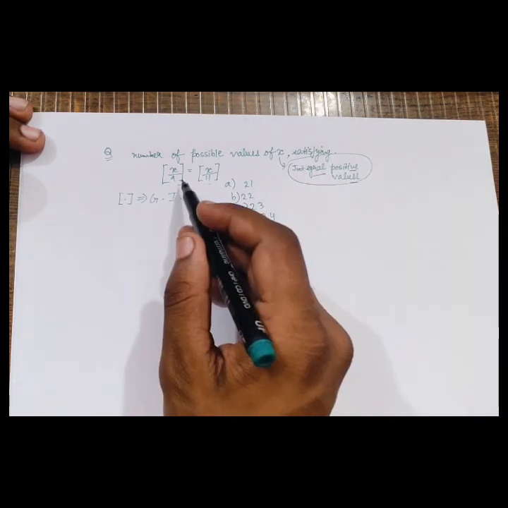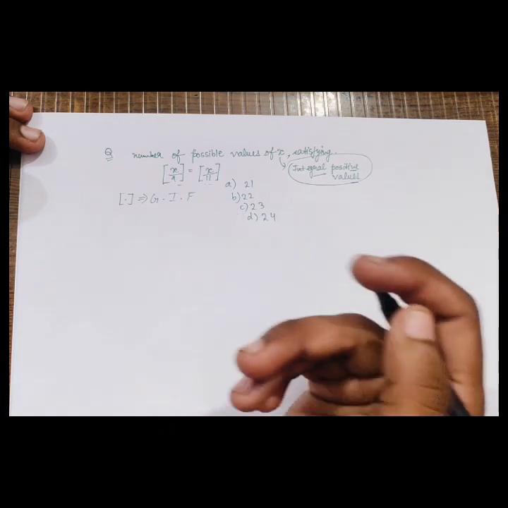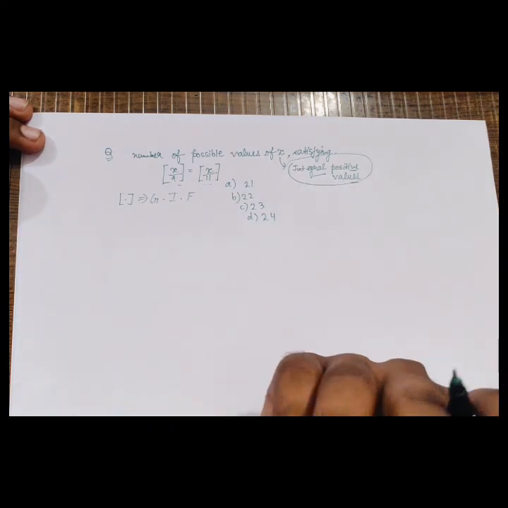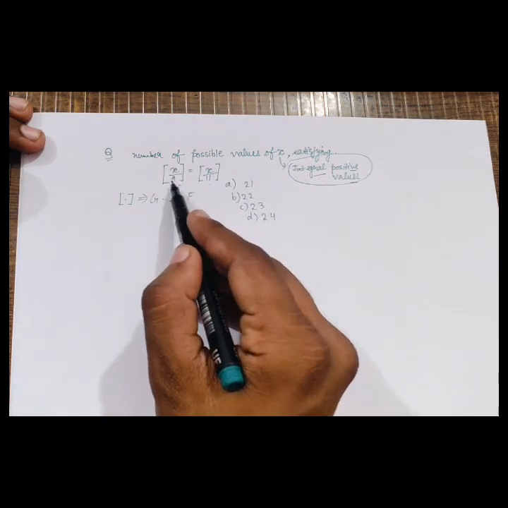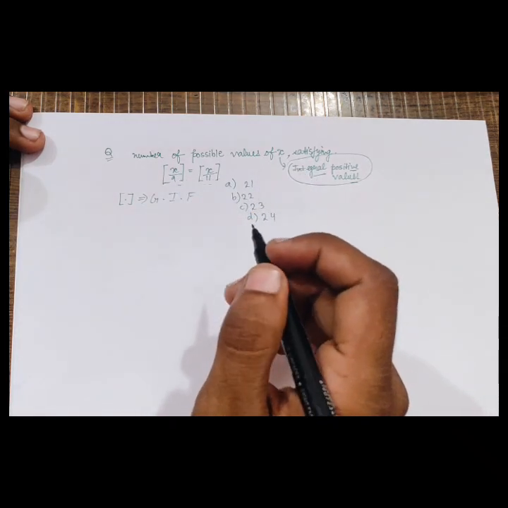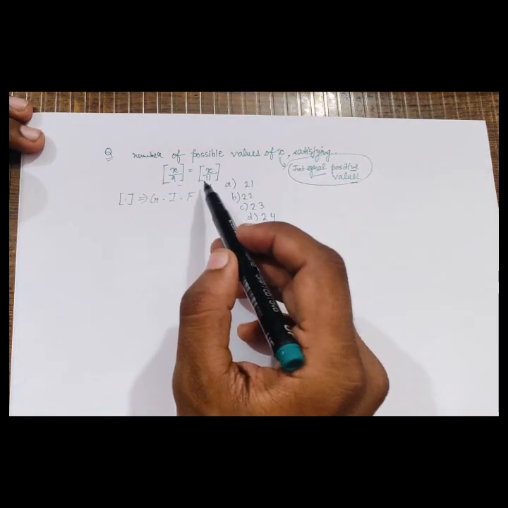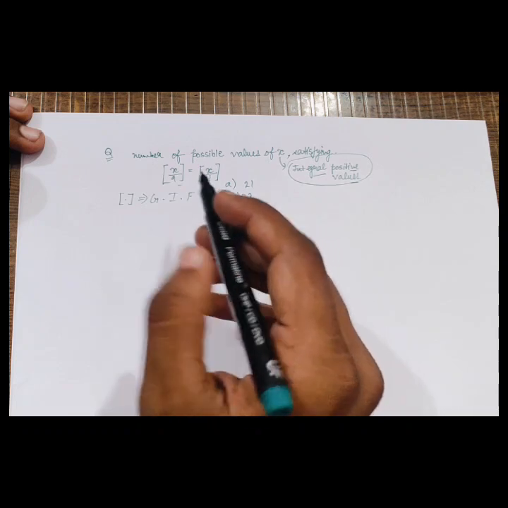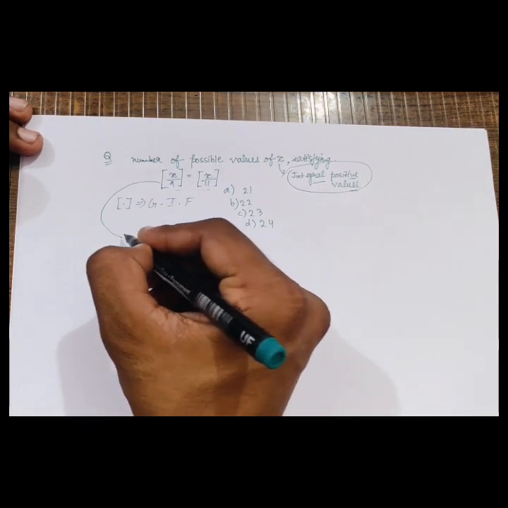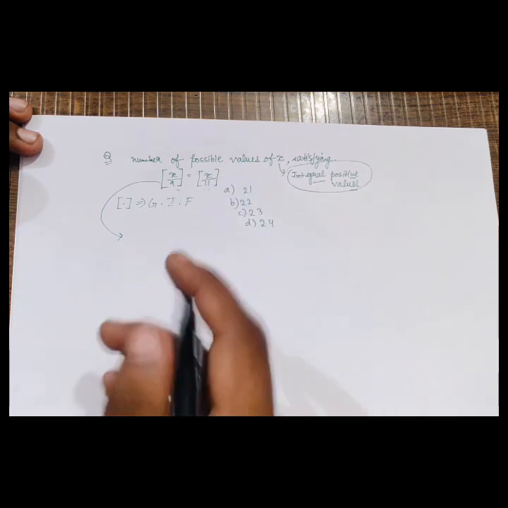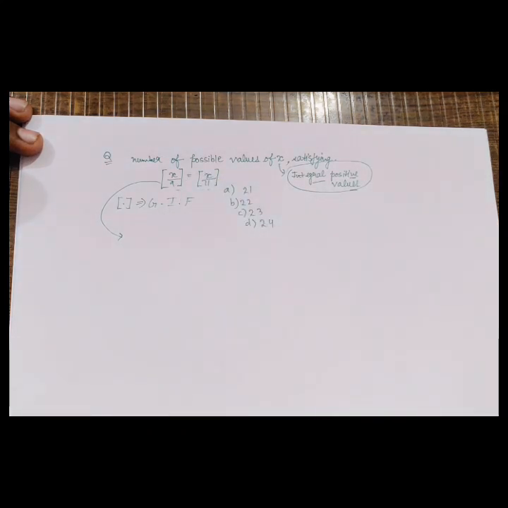When we try to solve this type of question, as I always tell you, and in the previous video I also solved these types of questions relating to the box function, I always try to make short intervals, and in those intervals I check the behavior of these functions, like what output the function is giving in that particular interval.